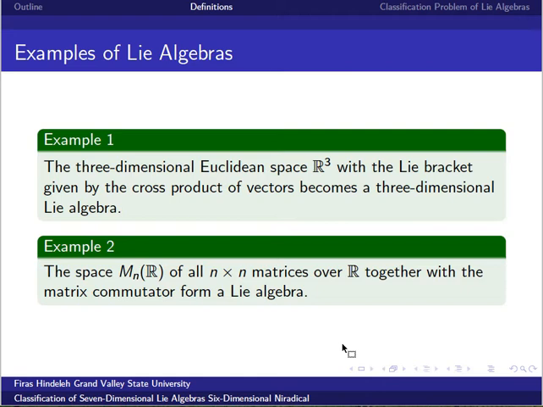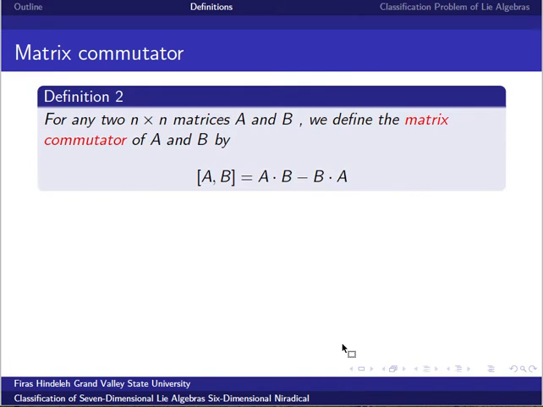So to define the bracket relation on the n by n matrices, we basically look at what we call the matrix commutator. Maybe you've seen this before. So if we define the bracket of A and B to be the product of the matrix A with the matrix B minus the matrix B times the matrix A. And so we know that matrix multiplication is not necessarily commutative, but when those two matrices commute, then this bracket would be 0.